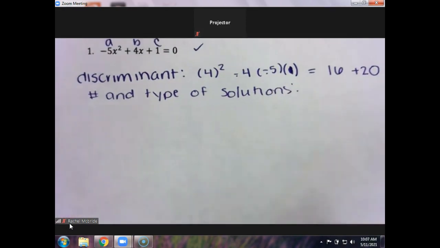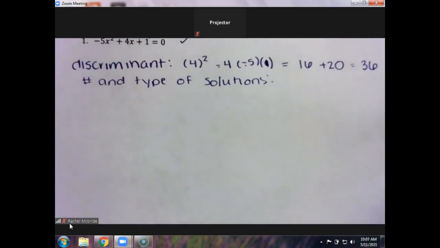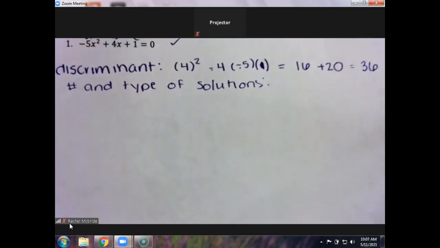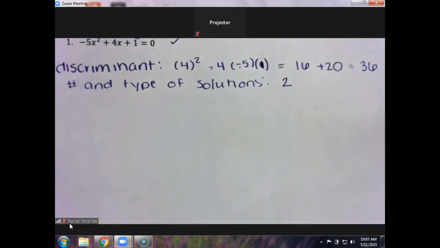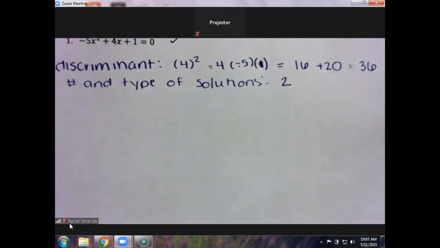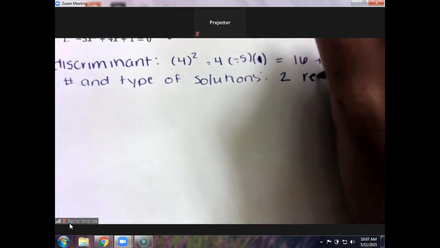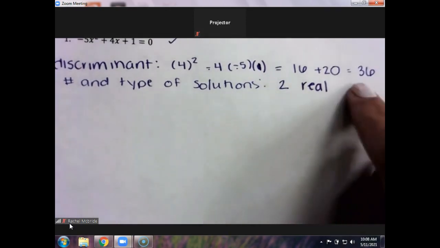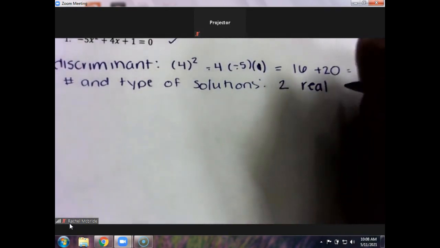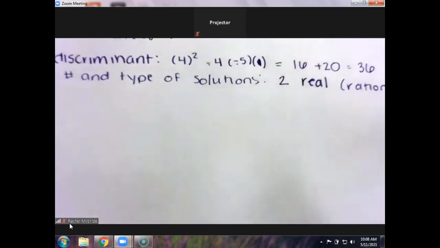Since 36 is positive and non-zero, the number of solutions is 2. It's positive, therefore they're real. And since 36 is a perfect square, they're rational.